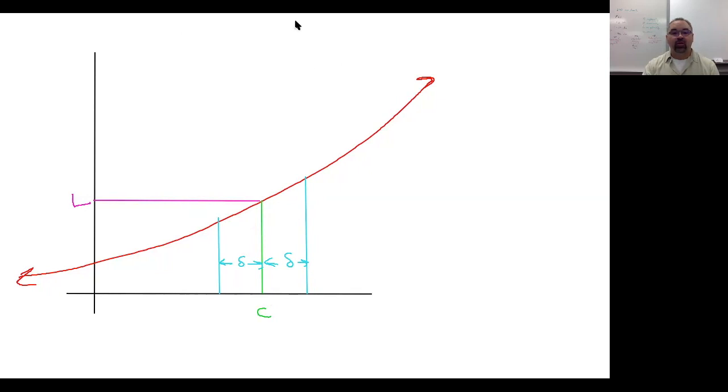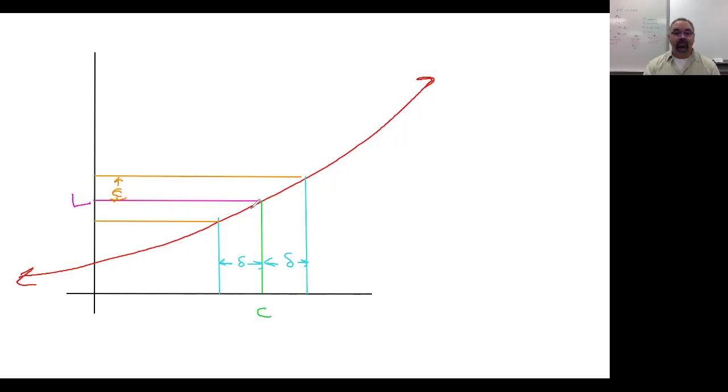Now, these look like they're different sizes, and they are. So we'll just take the bigger one and make that epsilon.